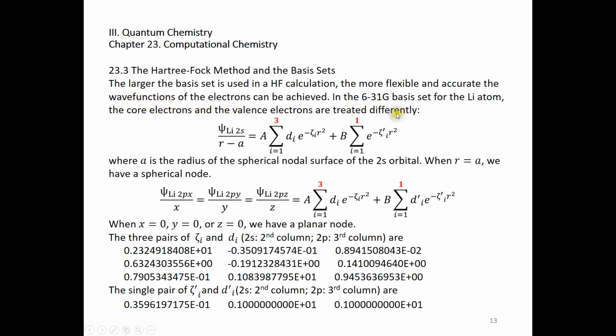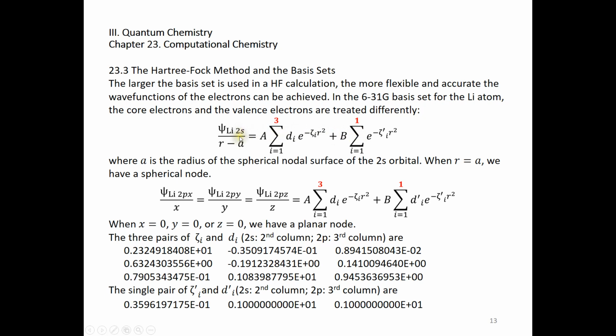Now for the valence electrons, we use 31G. That means a linear combination of 3 Gaussian functions and also a linear combination of 1 Gaussian function here. And overall, it's a linear combination of 2 different linear combinations, all right? Because the values of A and B will be optimized in the Hartree-Fock calculations.